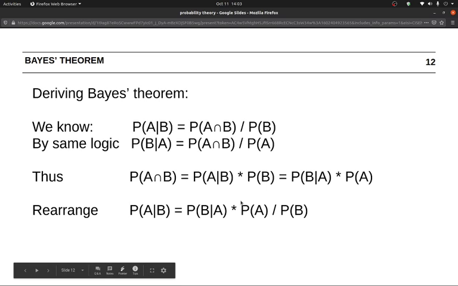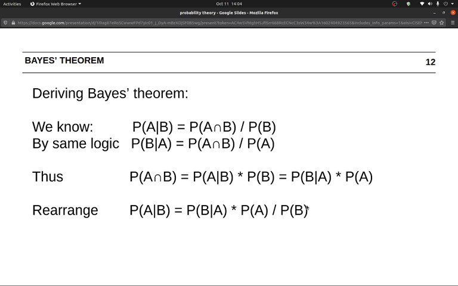Probability of A is also called the evidence. These are the probabilities which would be available to us. Same way, probability of B is something that would be available to us, and hence using Bayes' theorem we can convert posterior probabilities to prior probabilities.